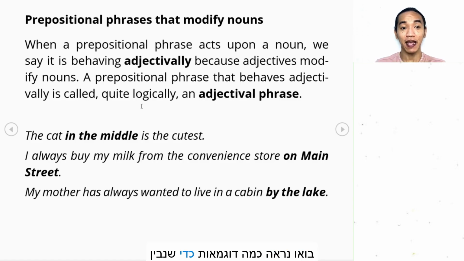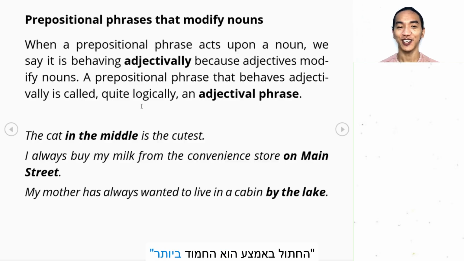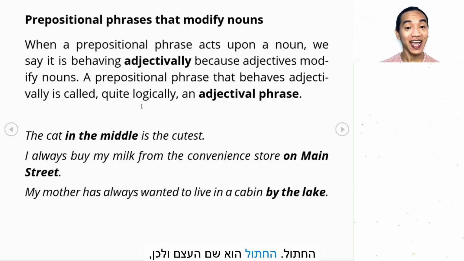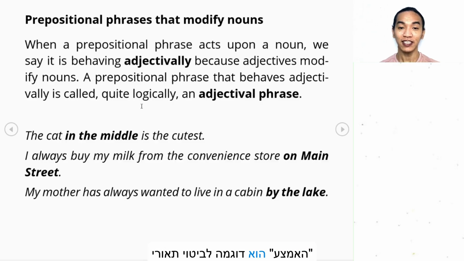Okay, let's see some examples to understand what we're talking about. The cat in the middle is the cutest. So we see here that the prepositional phrase in the middle is describing the cat. The cat is a noun, so in the middle is an example of a prepositional phrase as an adjectival phrase.